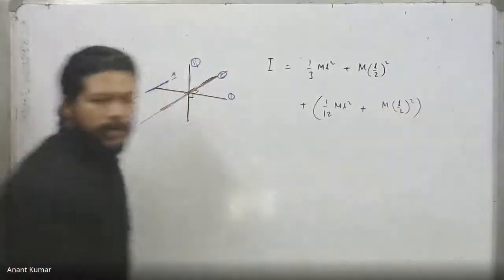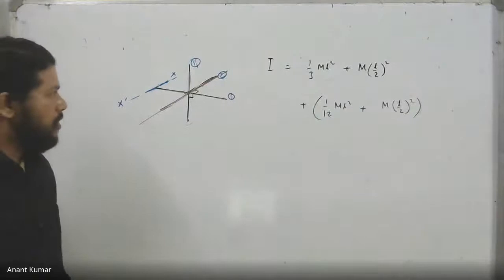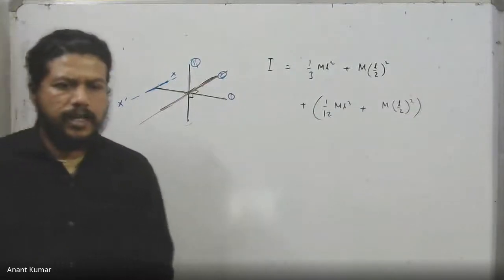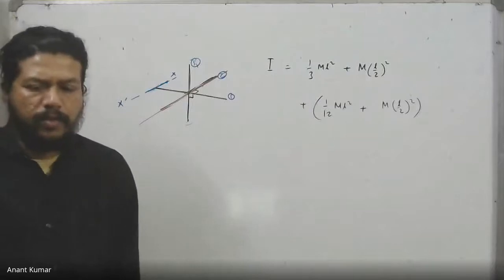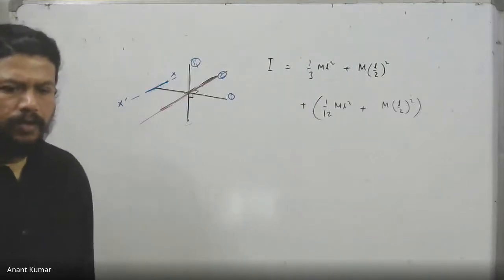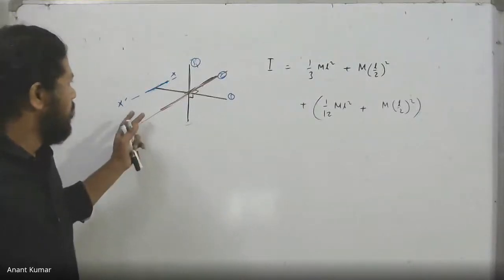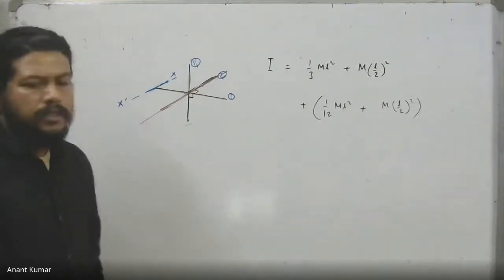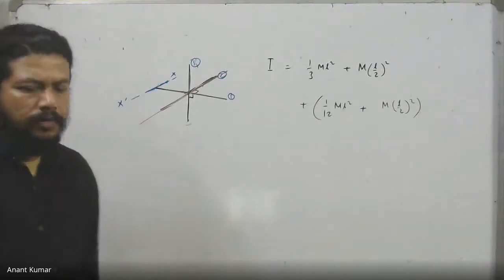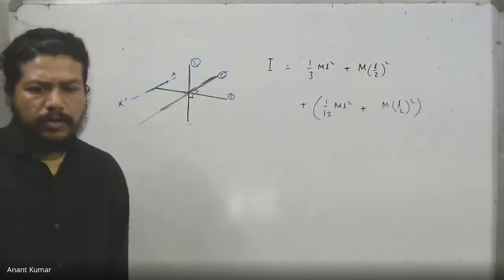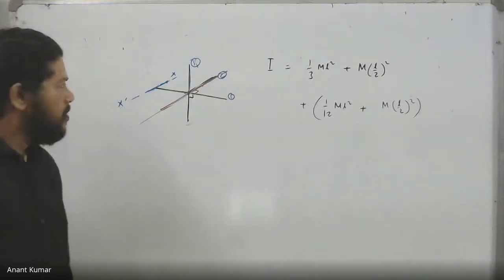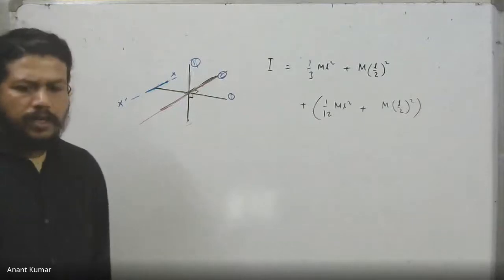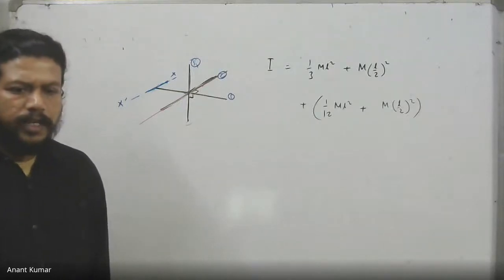So I'm applying the parallel axis theorem for the third rod because the axis is not passing through any point of the rod. It's parallel to the rod, a given distance away. So we first write the moment of inertia about the central axis.